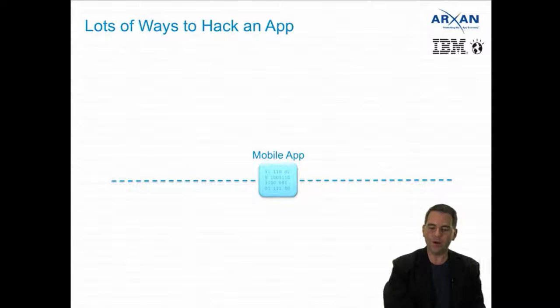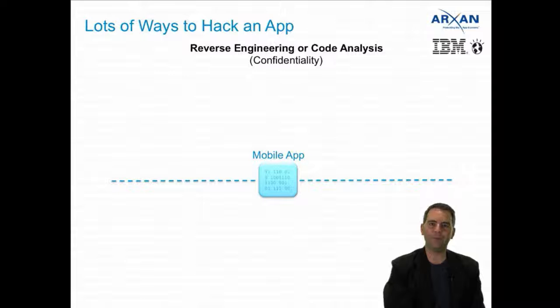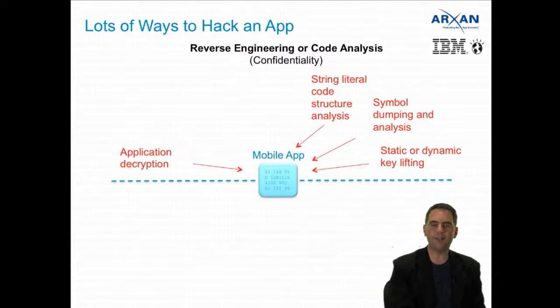So here we have our mobile app, and as discussed earlier, we have the risk of reverse engineering. If we look at some of the common attack vectors for reverse engineering, what we're going to first do is bypass the Apple code encryption, which is provided on all iTunes Store applications.